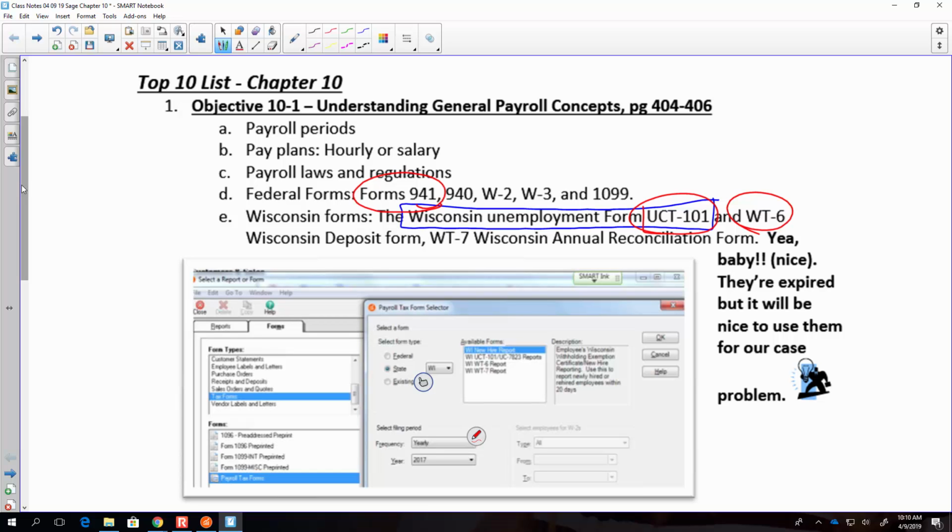Those are the three I want for the case, and also for the Net Solutions project. Those three reports come with the Net Solutions project as well. They're the predominant main ones that we have to be worried about, both Wisconsin and federal.